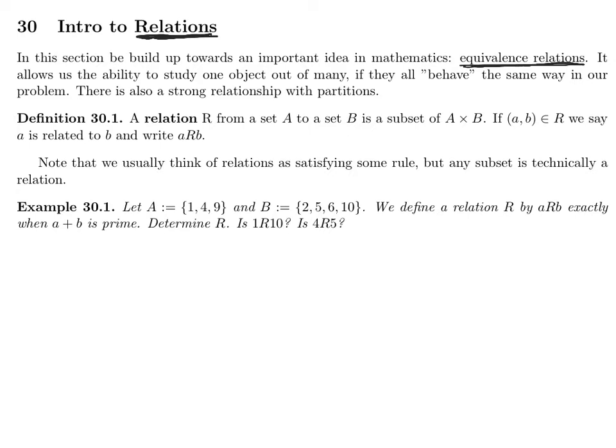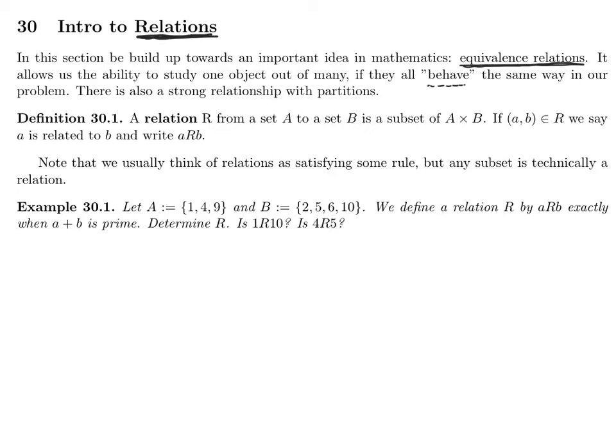And why are they important? They're important because in a lot of infinite sets, various groups of objects, quote-unquote, behave the same way as each other in the context that we're interested in. So, if these objects that all behave the same follow some equivalence relation, we can use that very powerful idea to be able to study these infinite sets of objects, but just by picking one representative and studying that object from these things that we'll call equivalence classes.